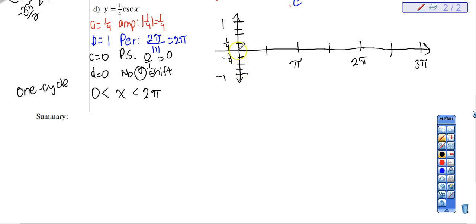So again, we're just going to start one sine function so that we can reflect off of it. So we'll start at 0, 0, pi over 2, 1/4, pi 0, 3 pi over 2, -1/4, 2 pi 0, 5 pi over 2 up, and then 3 pi 0. And then over here, I'll just hit the negative. So we have this little sine function.